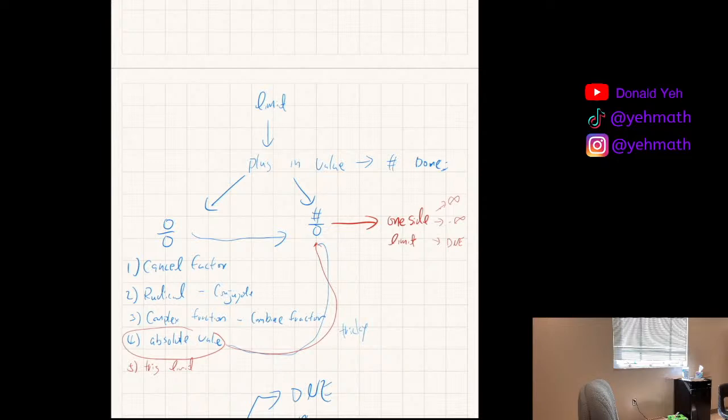If you want to cancel something, it has to be a factor. So let's just say I have 4 plus 3, you can change the thing. I can cancel it. So I can take out the 2 plus 1.